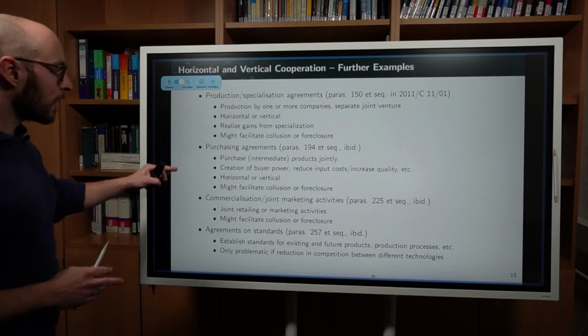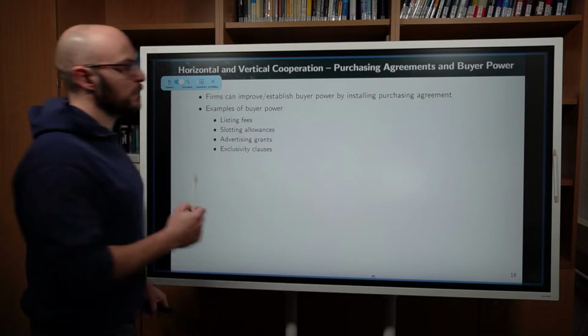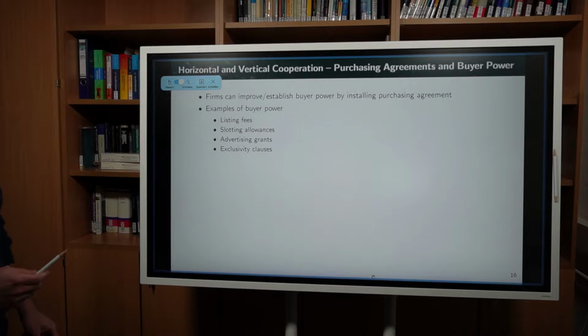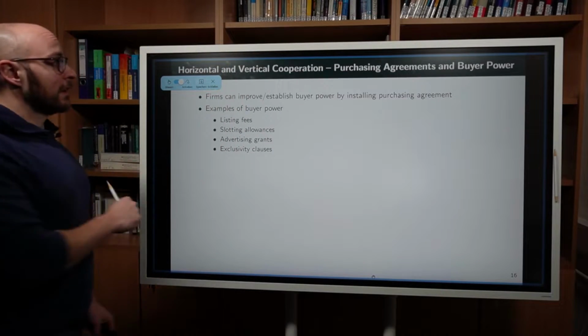What we're doing next is to analyze purchasing agreements and buyer power in more detail. So what do the firms do here exactly?